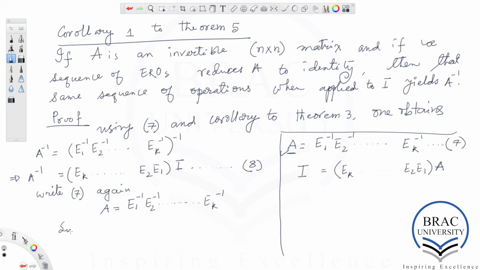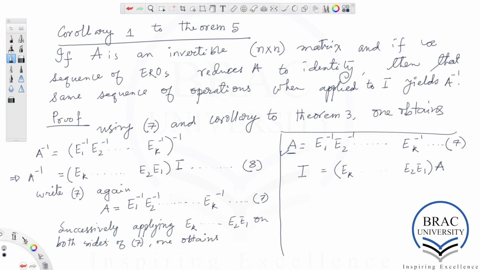Now successively applying EK, dot dot dot, E2, E1 on both sides of 7, one obtains EK dot dot dot E2 times E1, times A, is equal to I, right? This is 9.